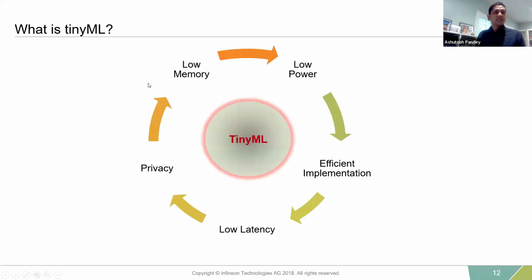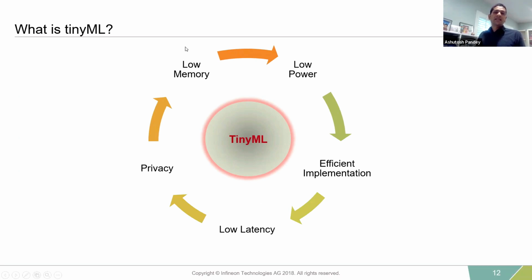So, with that, let's get to the fun part. What is tinyML? We have heard quite a bit about tinyML, and this forum has been critical to defining it and, over the years, taking us to this milestone, where we hear terms like low power, privacy, and low latency.